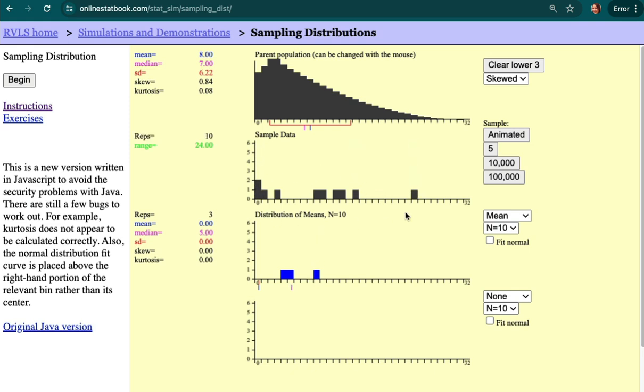And each time we do this, they could look very, very different from each other, because the original population distribution goes anywhere from 0 all the way up to 32. It's just that the numbers at the high end don't occur quite as often. So every once in a while, one of those will show up.